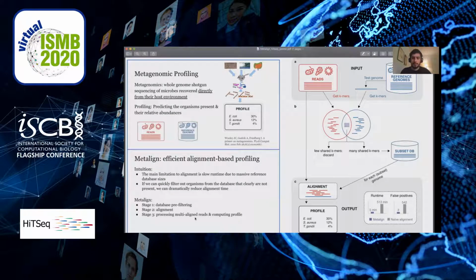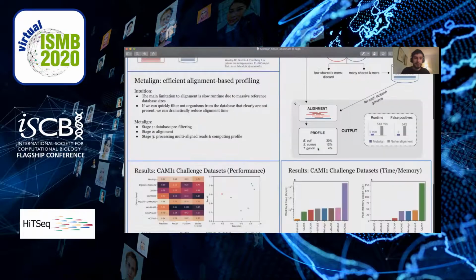Then finally, I'm not going to go into details, we process reads aligned to multiple genomes, which is critical for estimating the abundances accurately. And then we output the profile. We show in the paper that doing this versus just running Minimap against the whole database dramatically reduces runtime. It also dramatically reduces false positives because there are a lot fewer spurious alignments of reads to organisms that aren't in the sample. So that's the Metalign approach in a nutshell.